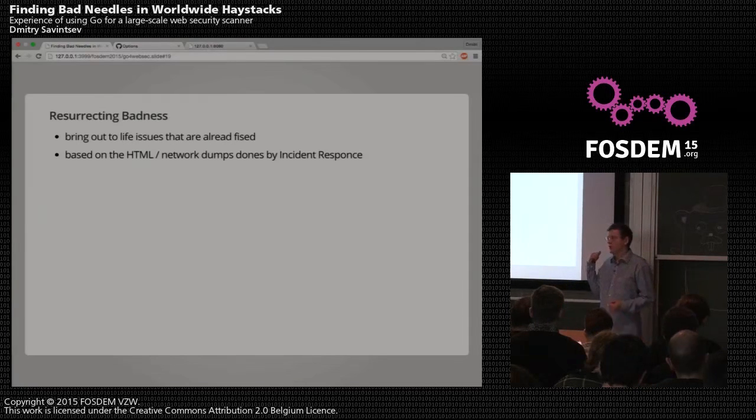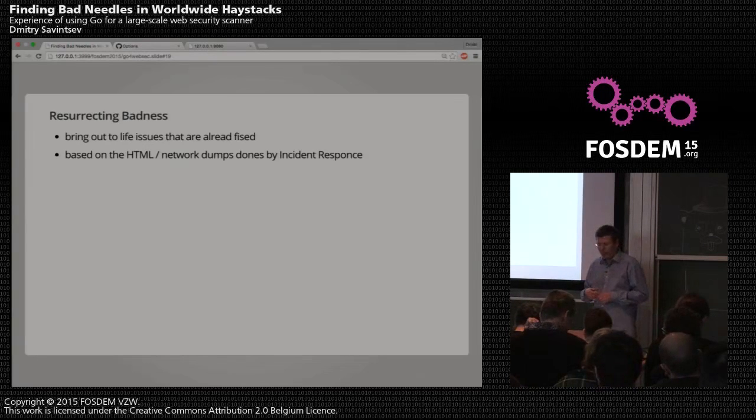So now we do it this way. Our incident response team, when they triage those issues, they save the output and add it to the bug. Then even if it's fixed, I grab this HTML dump, convert it to a test, and then I can play with it as much as I want.